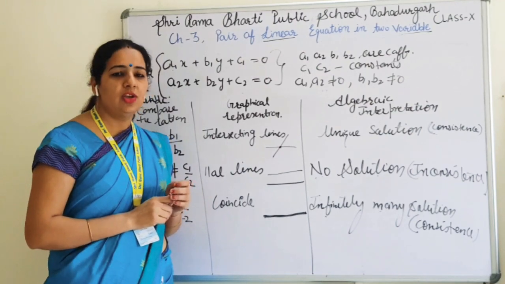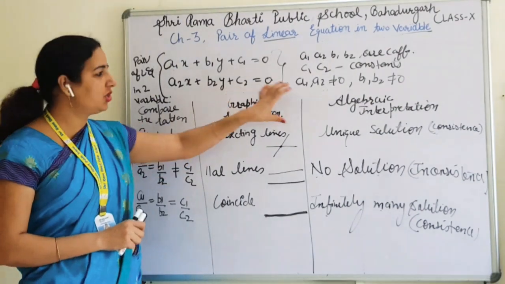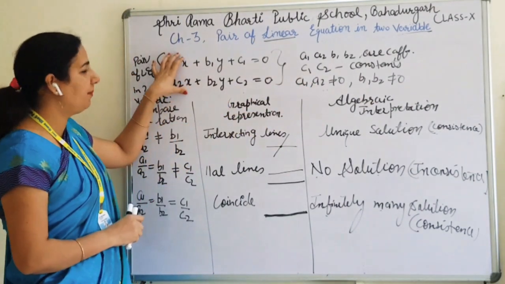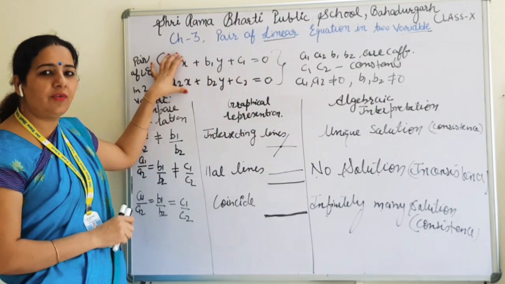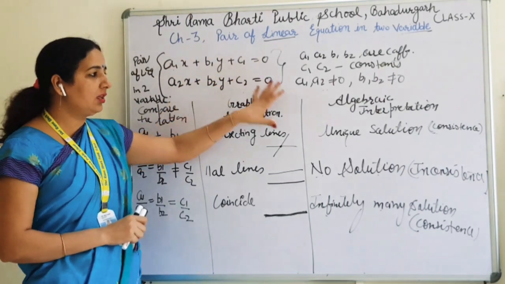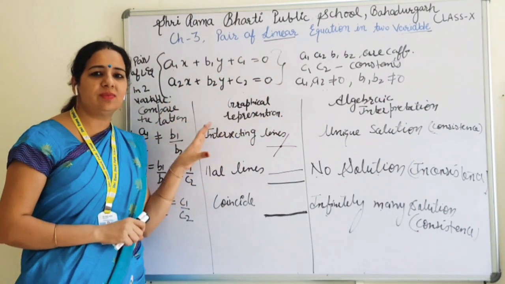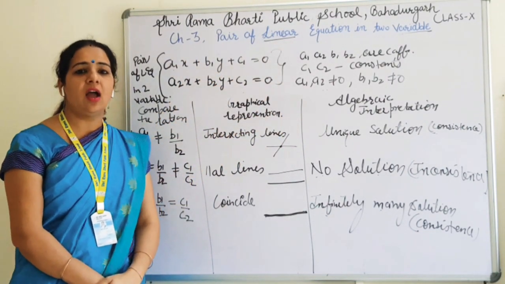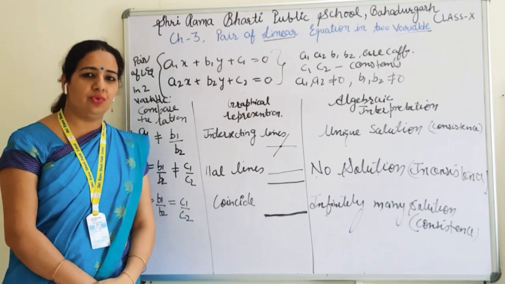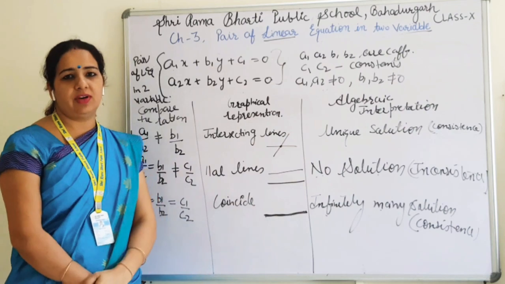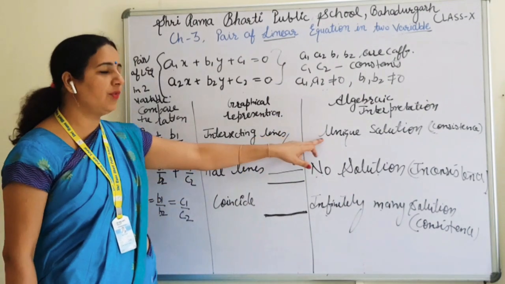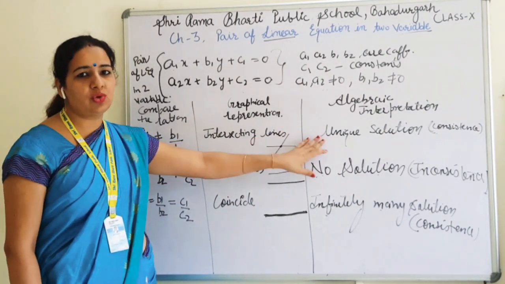Clear, students? So I can take one graphical representation and algebraical representation by comparing the ratios of the given pair of linear equations. We will discuss more questions in the next class, on how to find the solutions. Here I have written one solution. Now how do we find this one solution? If the question is of unique solution, then we will solve the question.